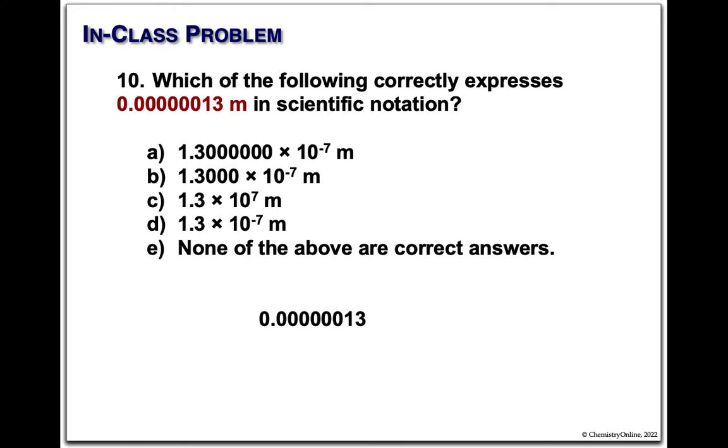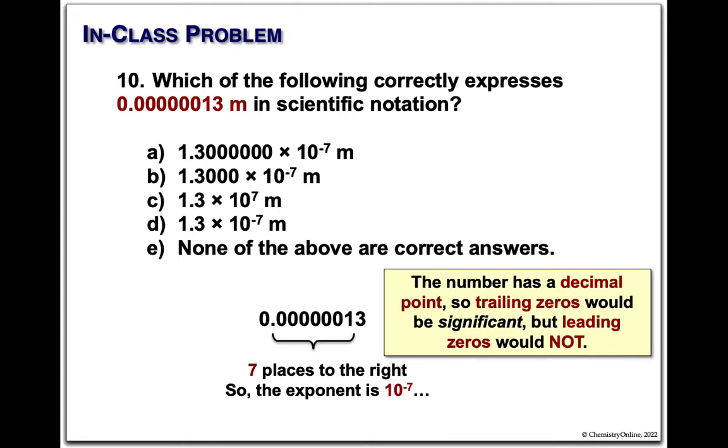We want to put our decimal between the 1 and the 3. That's 7 places to the right. So that's a 10 to the -7. We only have two significant figures here, 1.3, because these leading zeros go away. So we have 1.3 times 10 to the minus 7.